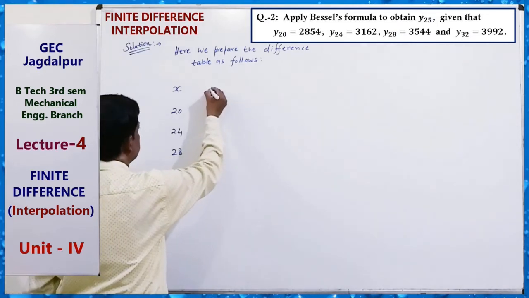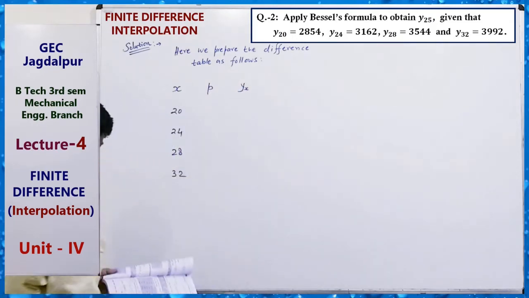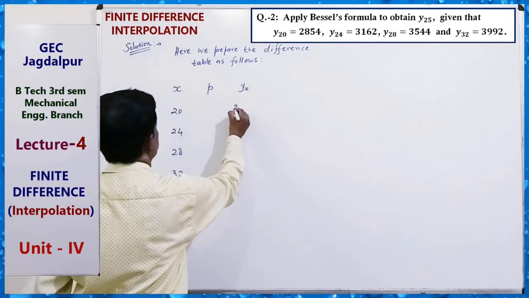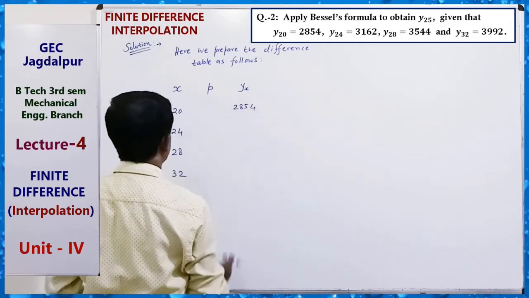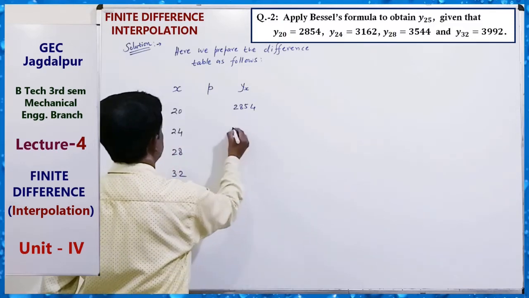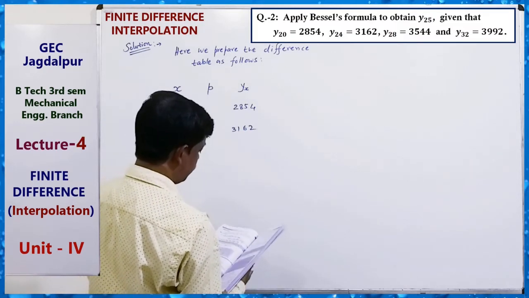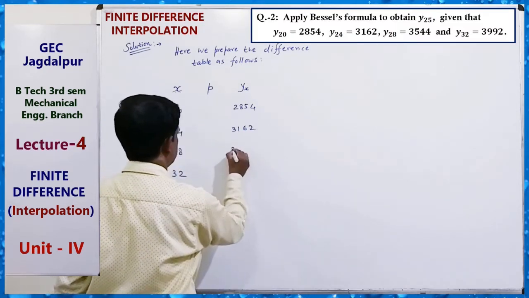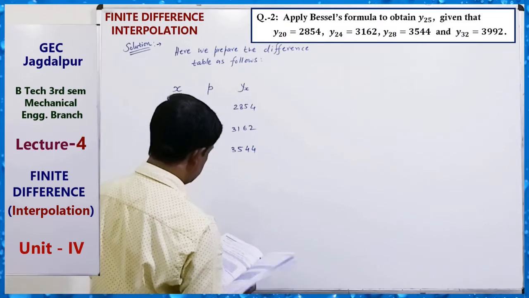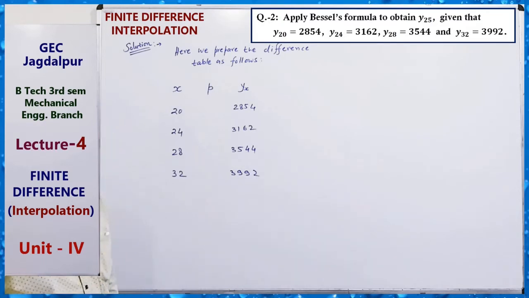And we can make the table from here. y is given as 2854, 3162, 3544 and then 3992. This is the given table.